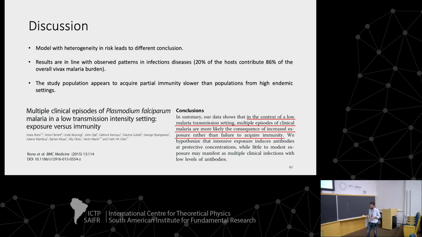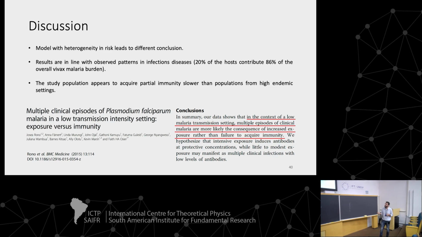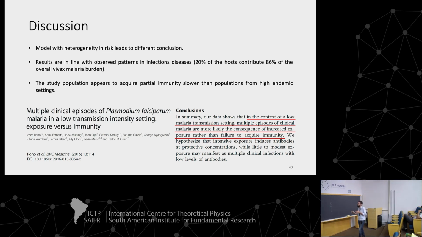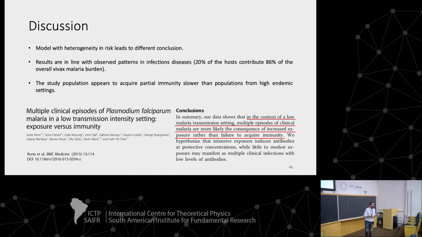Here in Brazil, in a low transmission setting, it seems that the population is acquiring partial immunity much slower than in settings with high transmission.